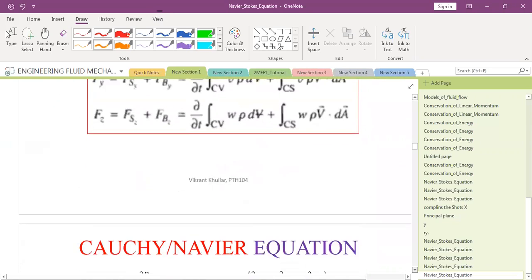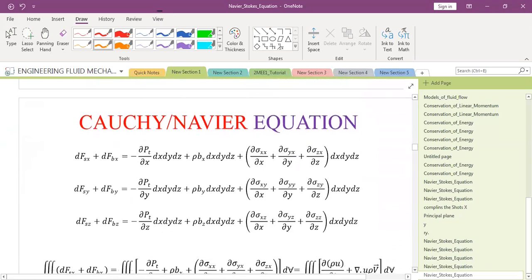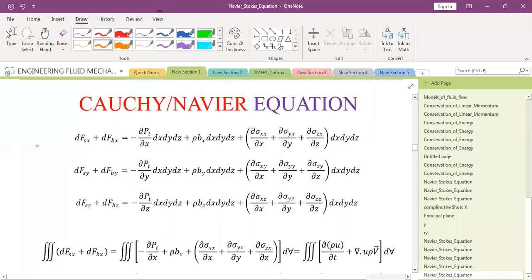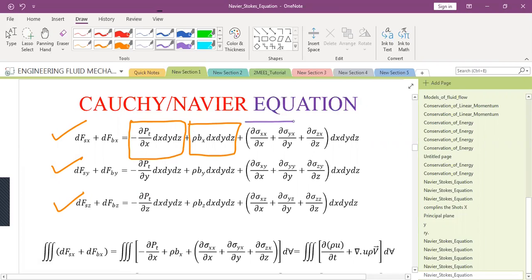Any doubts to anyone? So these were the Cauchy-Navier equations in X, Y, and Z directions. You are able to see these two terms were already there in what? The Euler equation. The only term which has come up in the derivation of the Cauchy-Navier equation is this term.